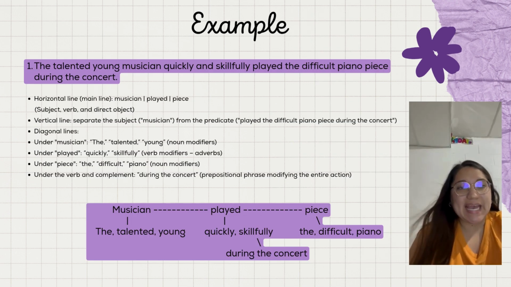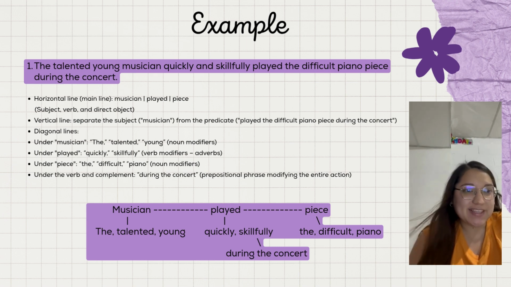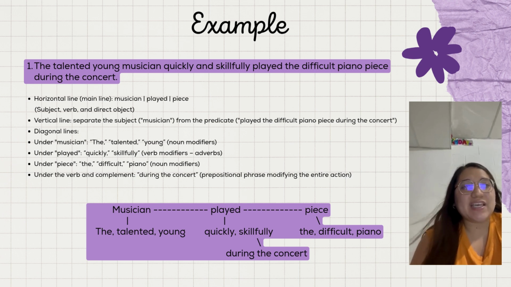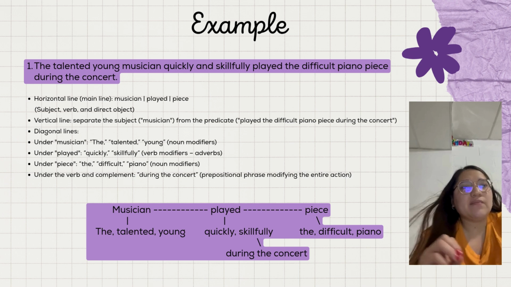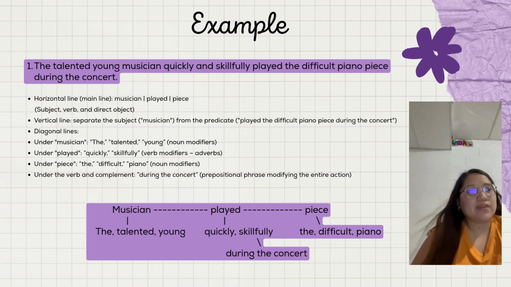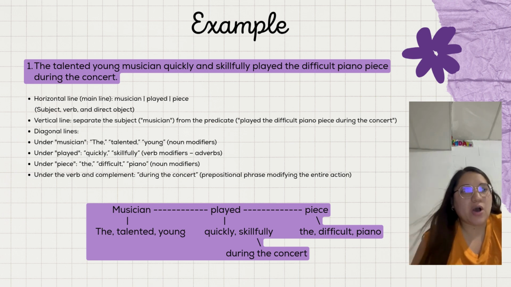Now, an example that is more complex. Number 1: the talented young musician quickly and skillfully played the difficult piano piece during the concert. Horizontal main line: musician played piece, subject, verb, and direct object.